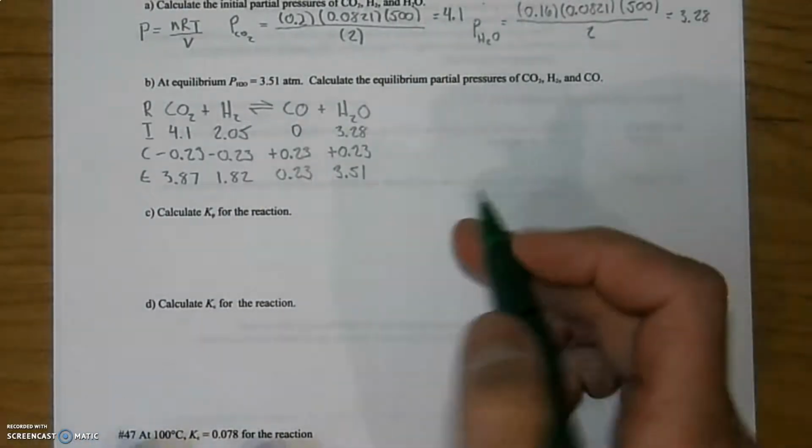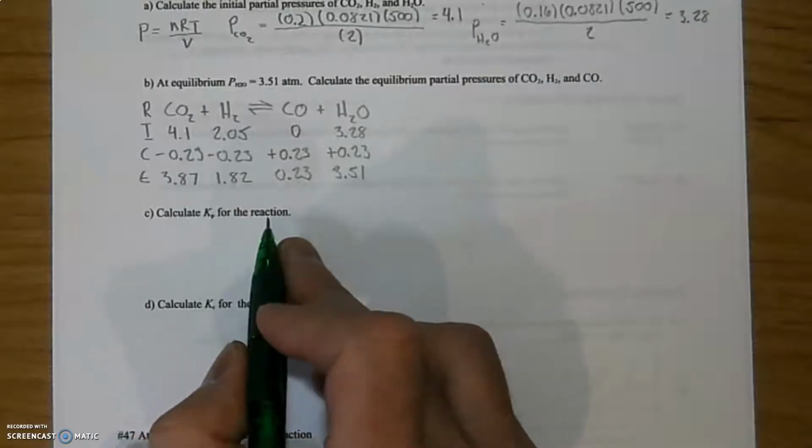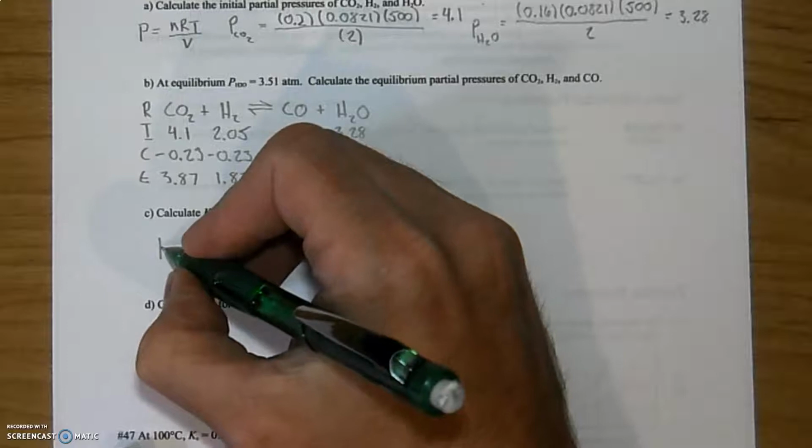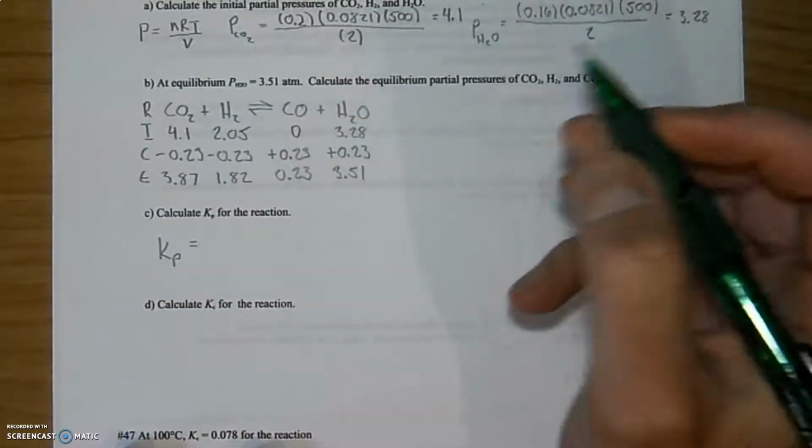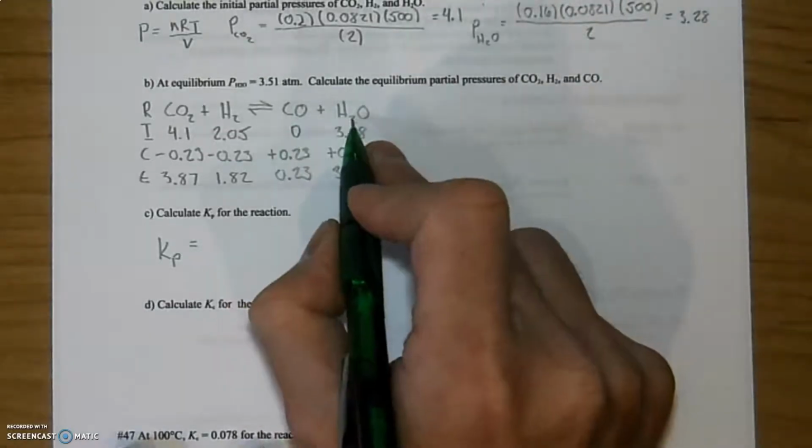Then it asks us to calculate Kp for this particular reaction. So all you've got to do is take these values that are present. They all happen to be pressures. So it's the pressure of this over the pressure of those two.